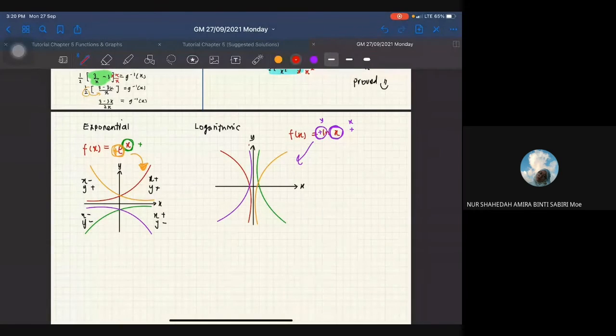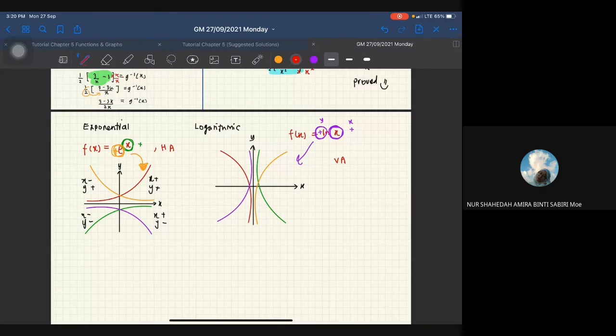This one. This line, the y-axis, which is x equal to 0, graf awak tak boleh sentuh. Okay, so kita ada vertical asymptote. We have vertical asymptote for log. We have horizontal asymptote untuk exponential function.